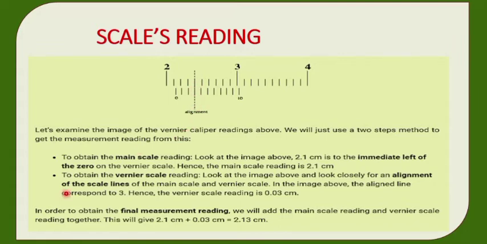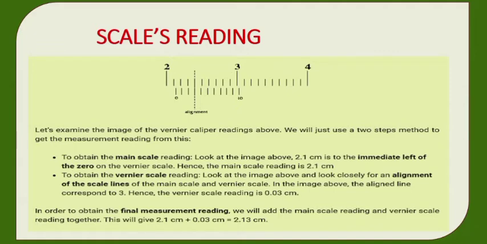So, to obtain the vernier scale reading, look closely for an alignment of the scale lines of the main scale and vernier scale. In the above image, the aligned line corresponds to 3. Hence, the vernier scale reading is 0.03, because 3 divisions multiplied by the least count 0.01 centimeter gives 0.03 centimeter.